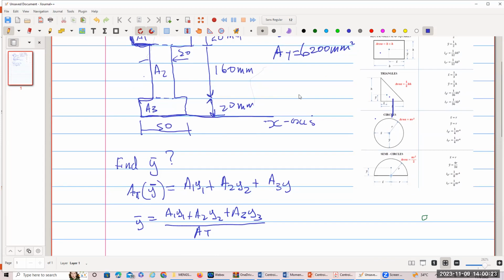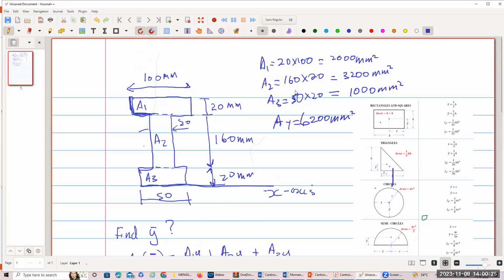All right, next one. We have A1, A2. We need to find from the base, or the x-axis, where the center of each one is. For each one of them, we need to identify these distances. The center is halfway.